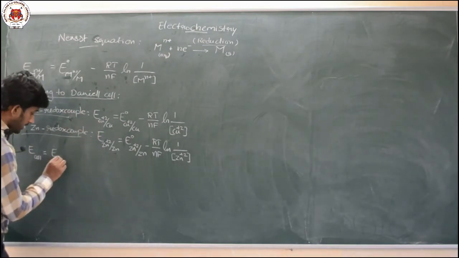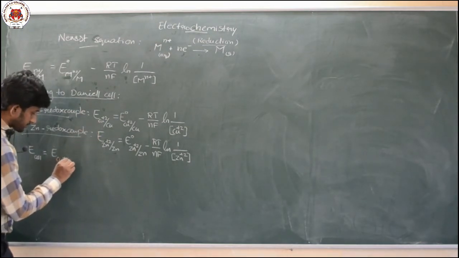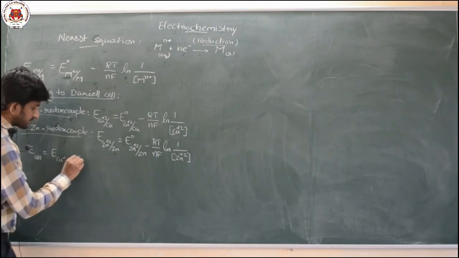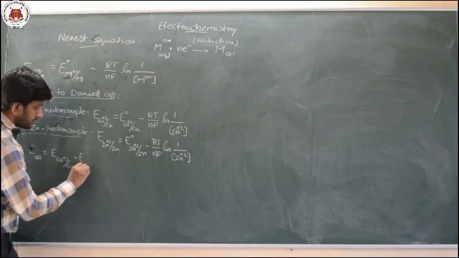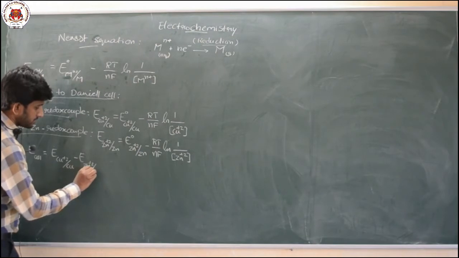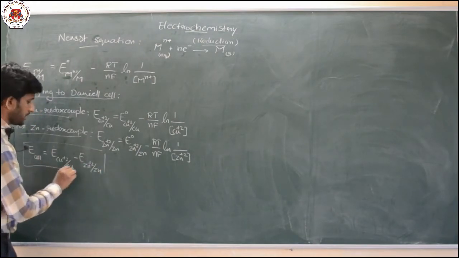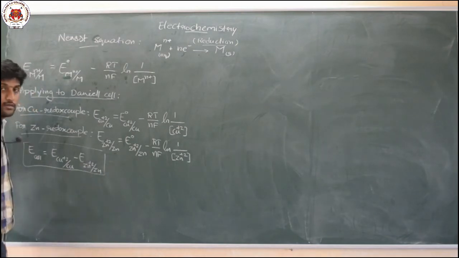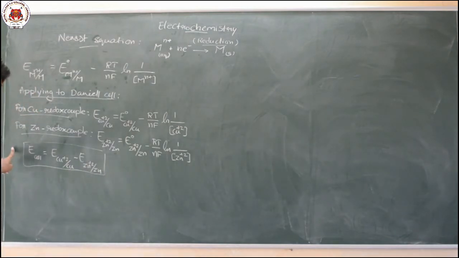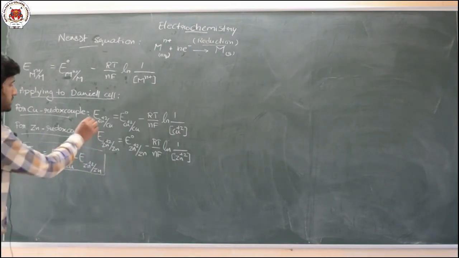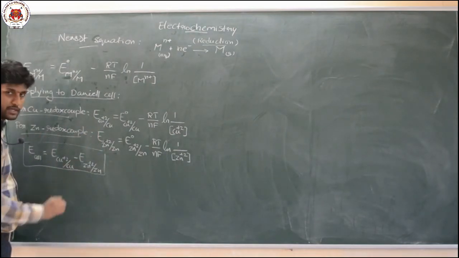E copper couple minus E zinc couple. You know this is the EMF formula for the Daniell cell.